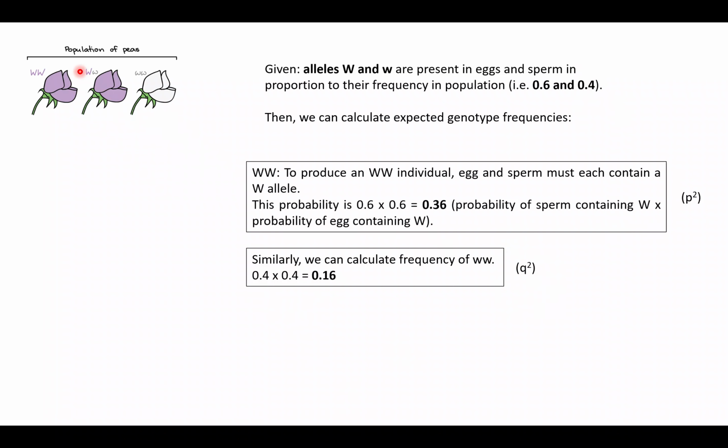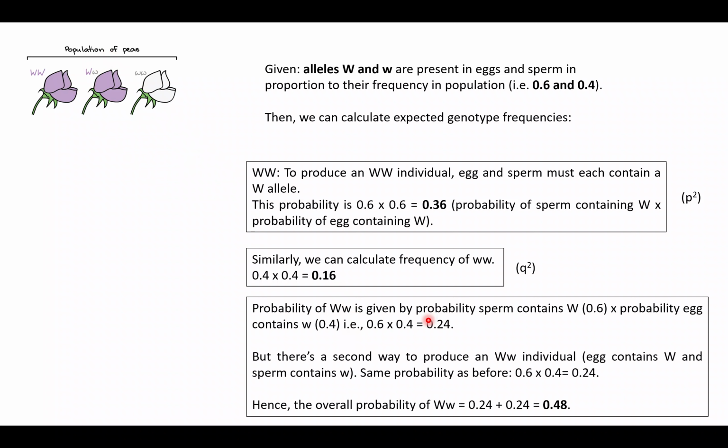Now how do we calculate the heterozygous condition, capital W, small w? As I just told you, the sperm contains capital W and the egg has small w, so we multiply 0.6 and 0.4, or the reverse: the egg contains capital W and the sperm contains small w.